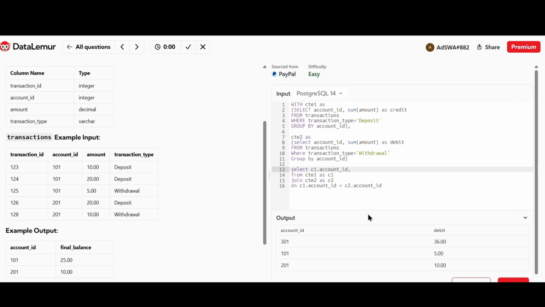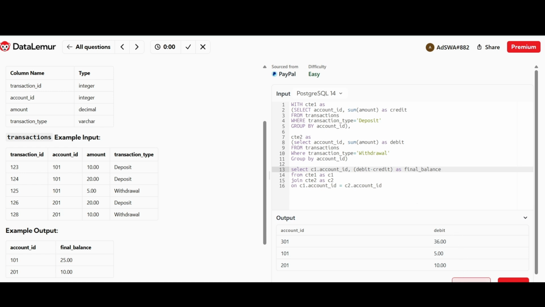Now what we have to do is deposit minus withdrawal. So we will do something like debit minus credit. We can use a bracket and alias it as final balance.